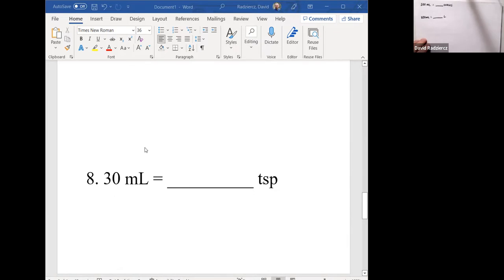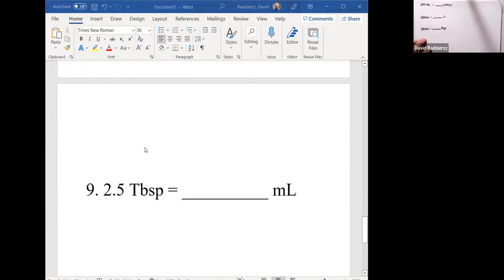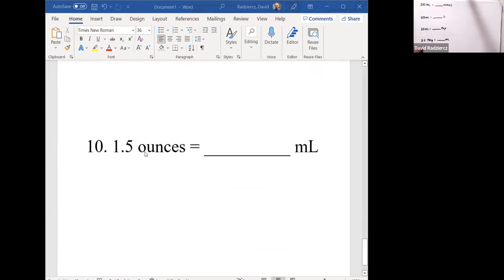And then 30 milliliters is how many teaspoons? Two and a half tablespoons is how many milliliters? And finally, 1.5 ounces is how many milliliters.